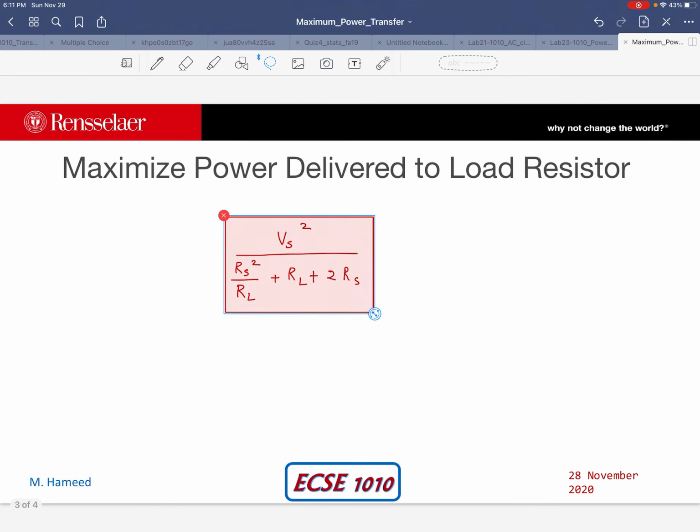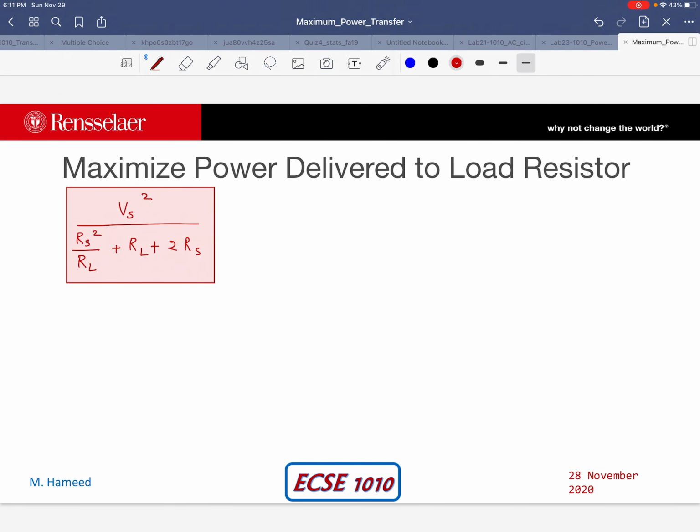So on this slide, we'll try to maximize this power equation PL that we derived on the previous slide. Now, maximizing PL can also be viewed as minimizing the denominator in that equation, which is Rs squared divided by RL plus RL plus 2 times Rs, because I have a constant voltage source Vs. So maximizing PL should be the same as minimizing that function in which I have Rs and RL.